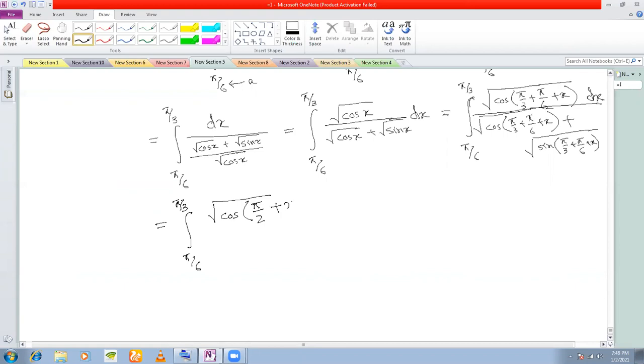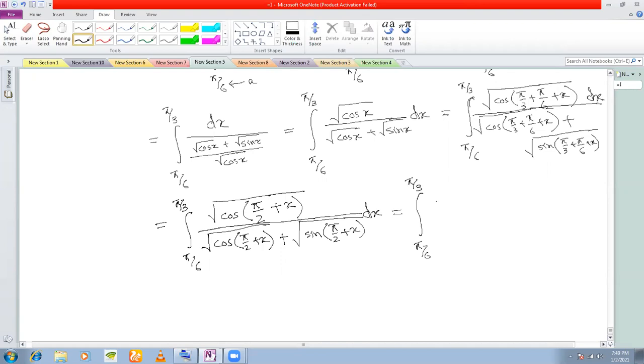Plus x, divided by root cos of pi by 2 plus x. Similarly here you have plus root sine of pi by 2 plus x dx. So again you have integral pi by 6 to pi by 3.